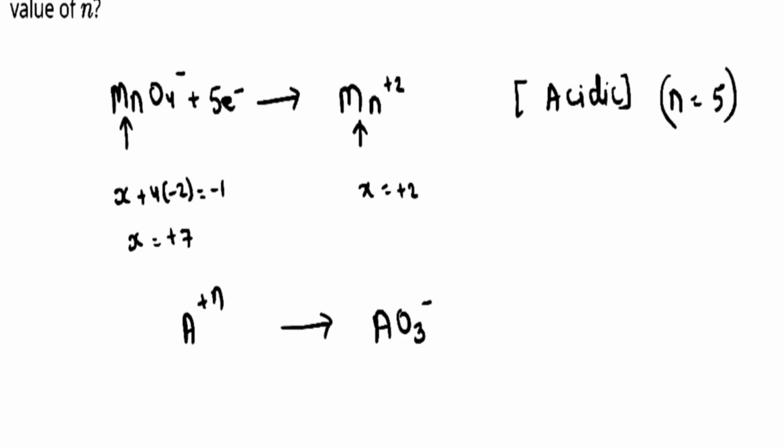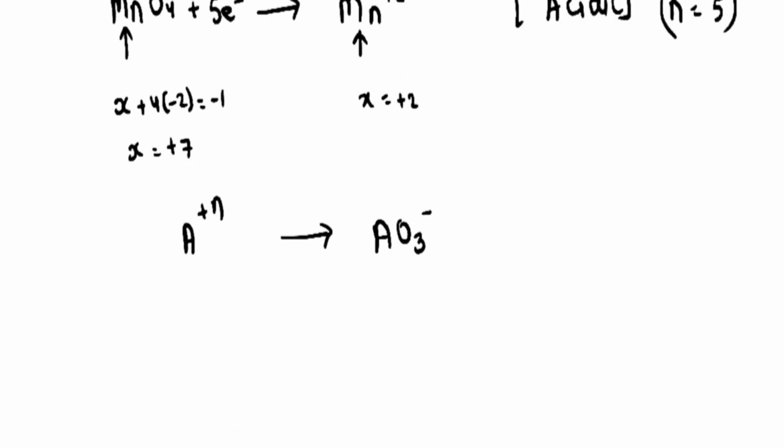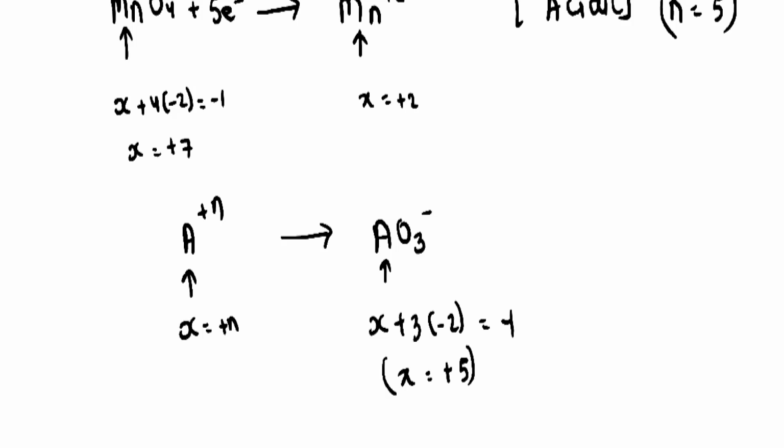Here the oxidation state of A is +n, and the oxidation state of A in AO3^- is x + 3 × (-2) = -1, so x equals +5. Since oxidation has taken place, the oxidation state increases, so n must be less than 5.